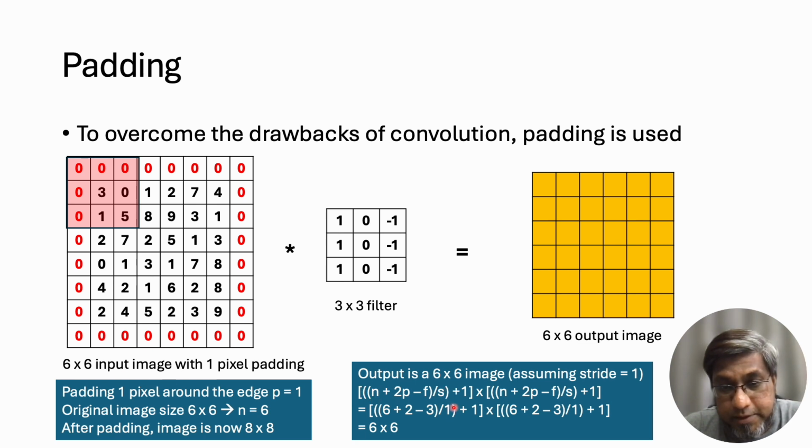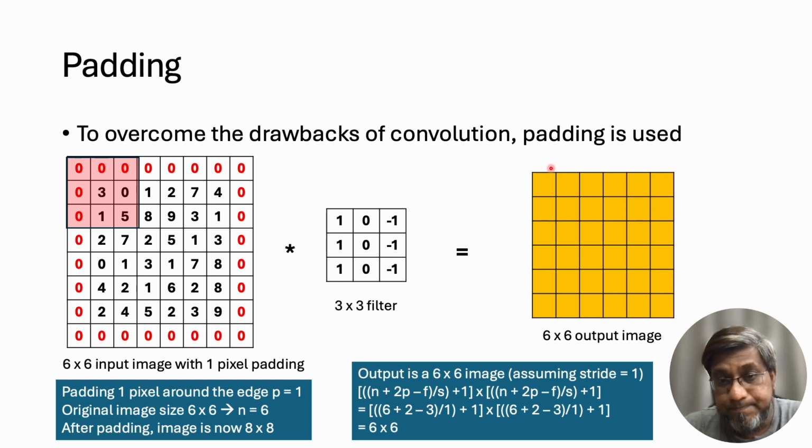Substituting all the numbers, we get 6 plus 2 times p, 2 into 1 is 2, minus f, where f is the filter size, which is 3, divided by the stride, which is 1. So 6 plus 2 is 8, minus 3 is 5, 5 divided by 1 is 5, and plus 1, that is 6. Similarly for the height it is also 6, so we end up with an output image which is 6 by 6. The original input image is 6 by 6, and after convolution, the output image is also 6 by 6.